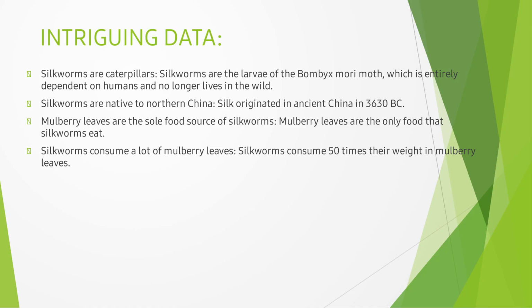Silk originated in ancient China in 3630 BC, and mulberry leaves are the sole food source of the young baby silkworms and also the mature ones. The mulberry leaves are the only food that silkworms can eat and grow on. Silkworms consume a lot of mulberry leaves, around 50 times their weight.